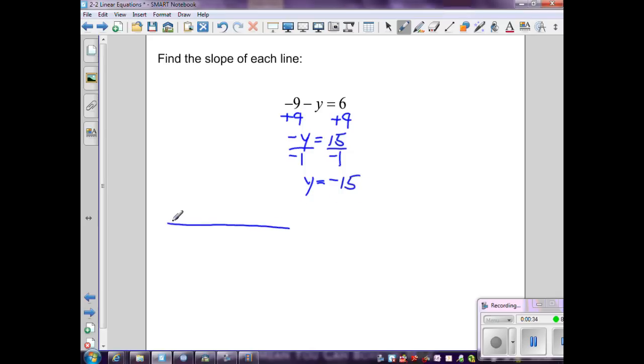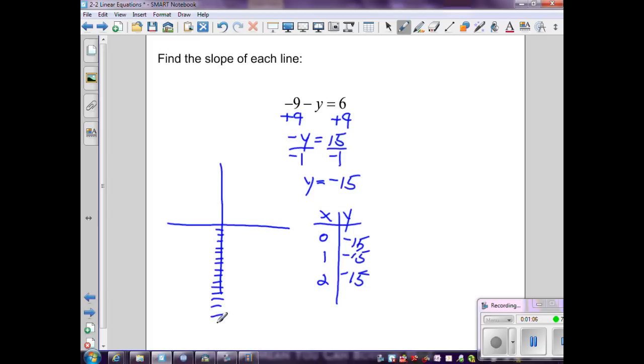Here, if I graph this, y equals a negative 15, I can set up a table of x and y values. y has to be a negative 15, and x can be any value, 0, 1, 2. I can count down 1, 2, 3, up to 15.